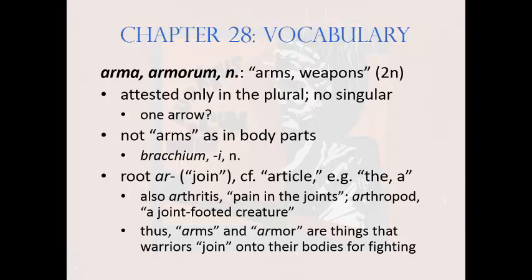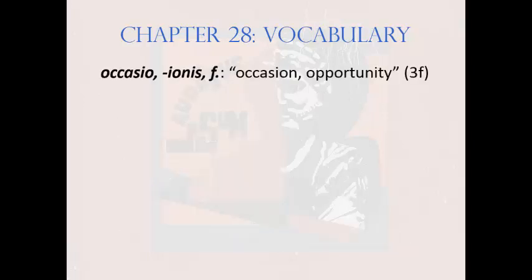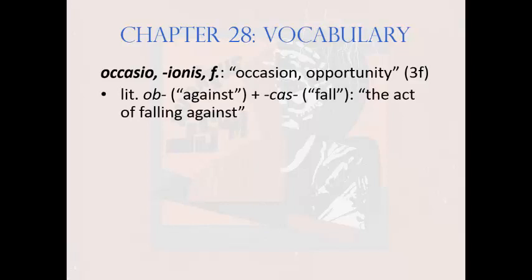The next word is occasio, occasionis, feminine, meaning occasion or opportunity. And like all io, ionis nouns in Latin, it's third declension feminine, has an abstract sense, and is not an i-stem. Occasio is a compound of the prefix ob, meaning against, and the base cas, meaning fall.